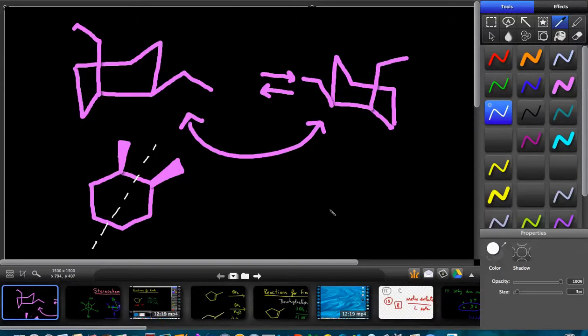It's a meso compound, so we would predict this to be achiral. So you want to watch out for those as well.